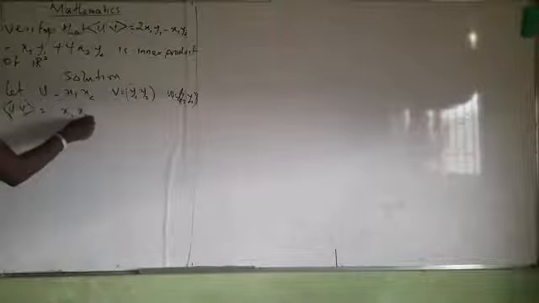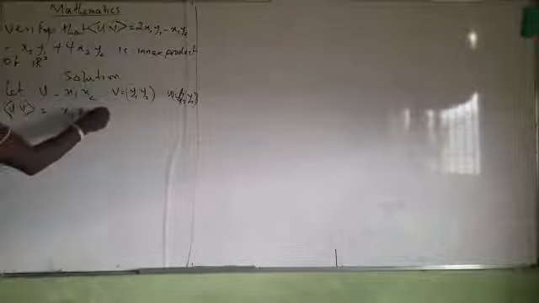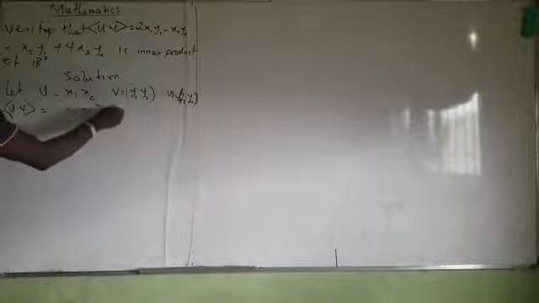Since I have this, I can now say that if I have <U, V>, now my UV space, the same thing I'm talking about, was x1, x2 and y1, y2.